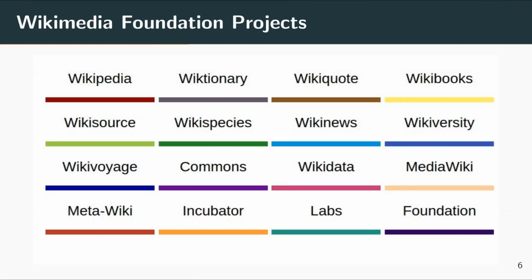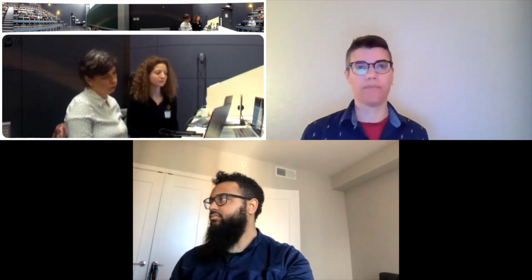So if you think about the Wikimedia Foundation as an umbrella organization, they steward projects related to everything from Wikivoyage, a crowdsourced travel guide, Wikimedia Commons, which is a repository of primarily images and video, but also 3D models and other types of media artifacts that anyone can upload content to and also reuse content from. And you can also establish what license you are using to share media that you are uploading and contributing to Commons.